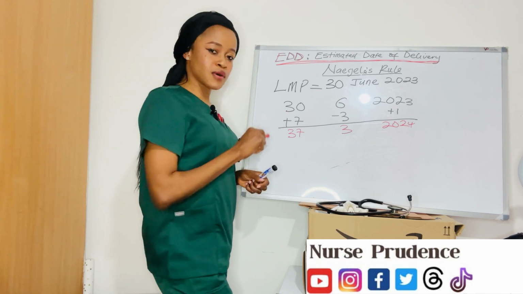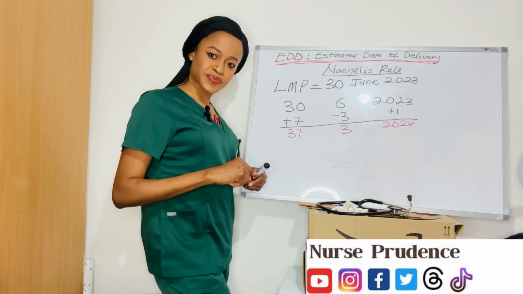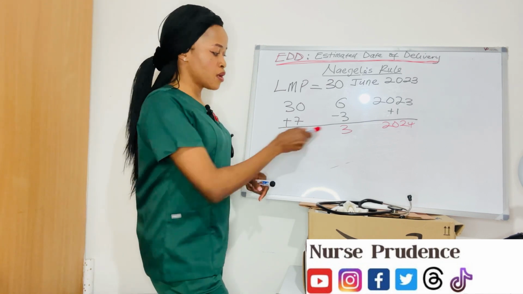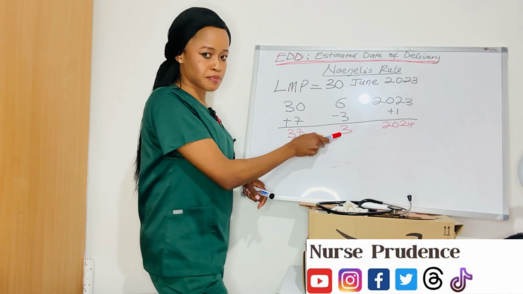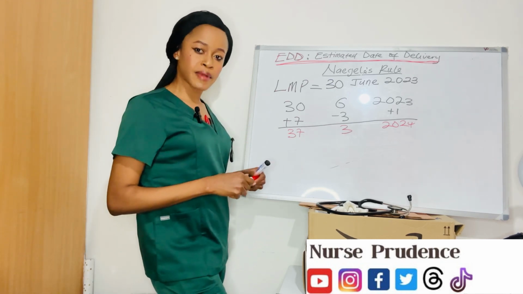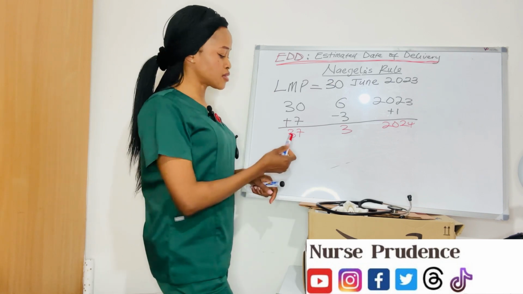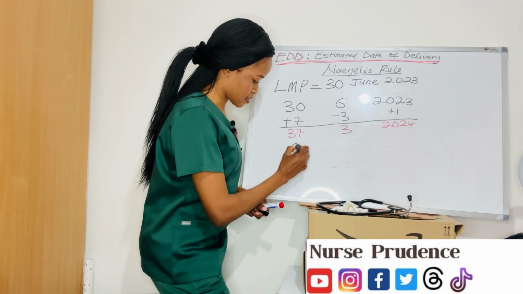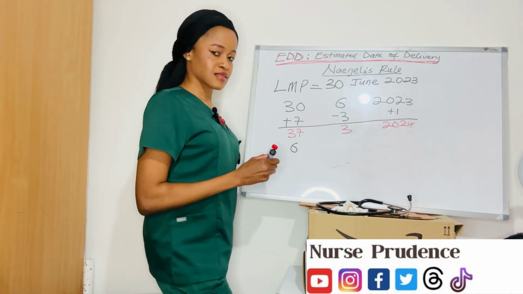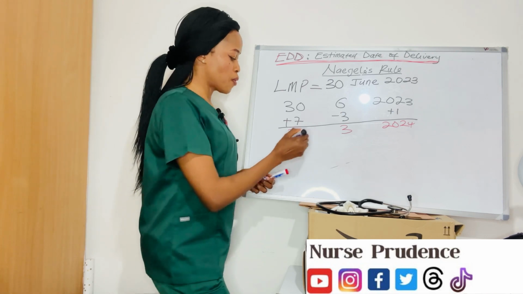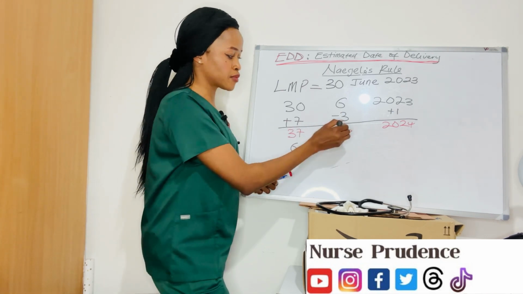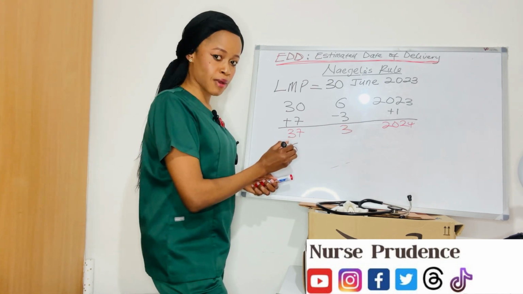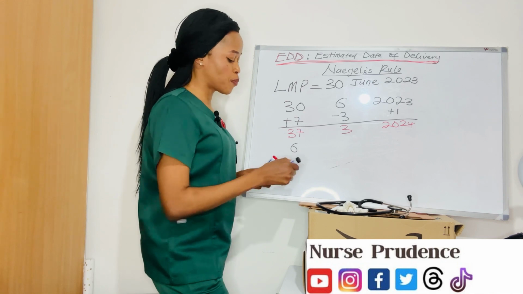Now, there is no month that is up to 37. How are you going to do this? What you will do is that the month that is here, March, is 3. How many days are there in March? We have 31. So you minus this from the 37, and you will have 6. In other words, you have a number which is 6, and this month will be plus 1.